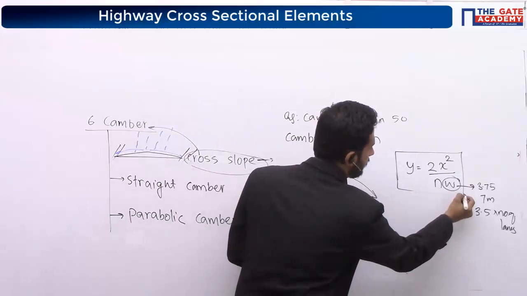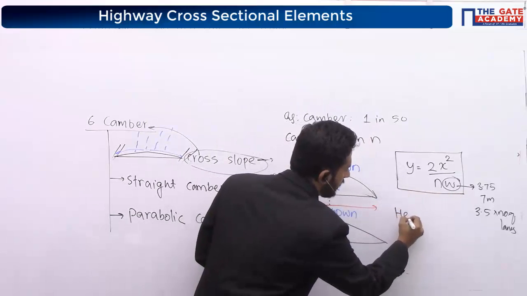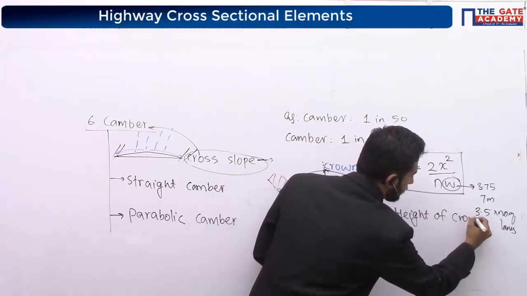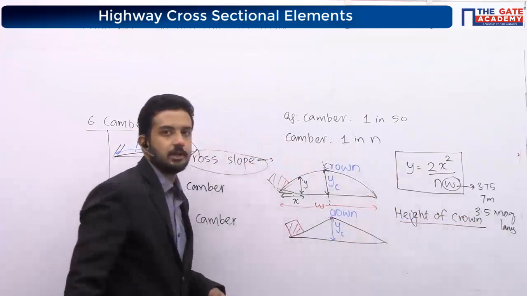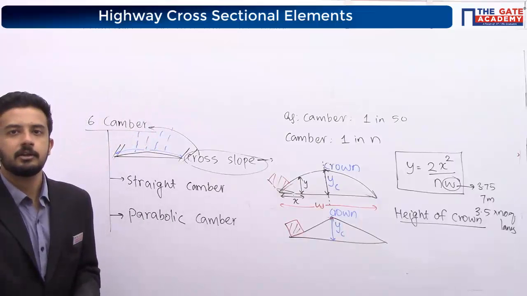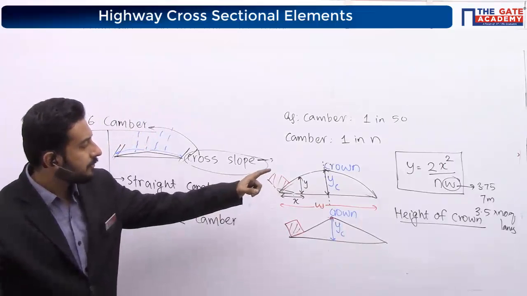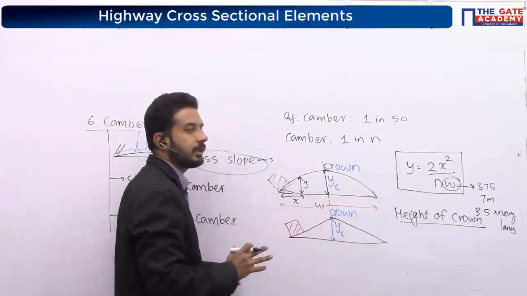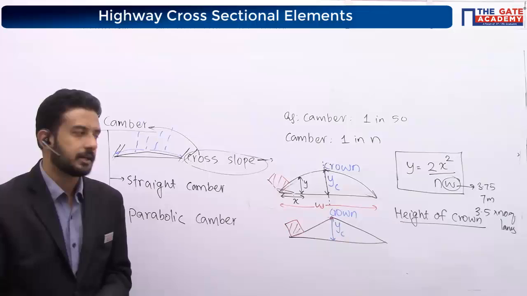If you want to find the height of the crown, YC, what do I have to do? Very good, Harsha, very good, Saksham. The x value will become W by 2, exactly at the center.